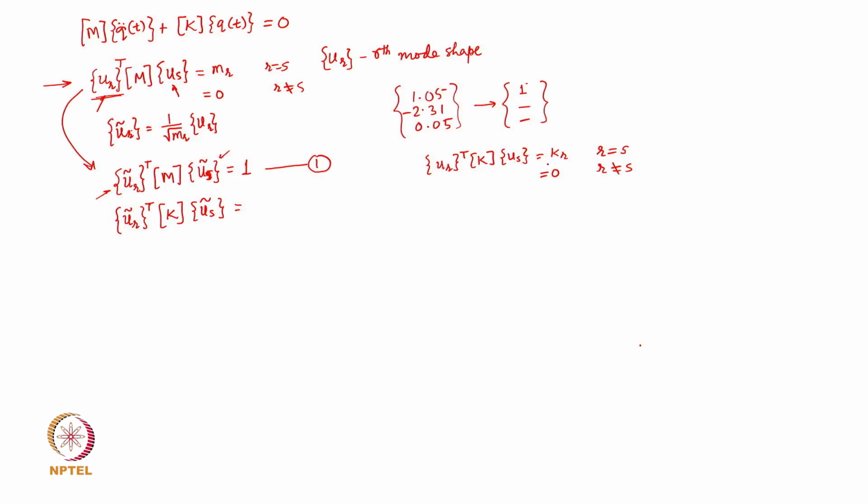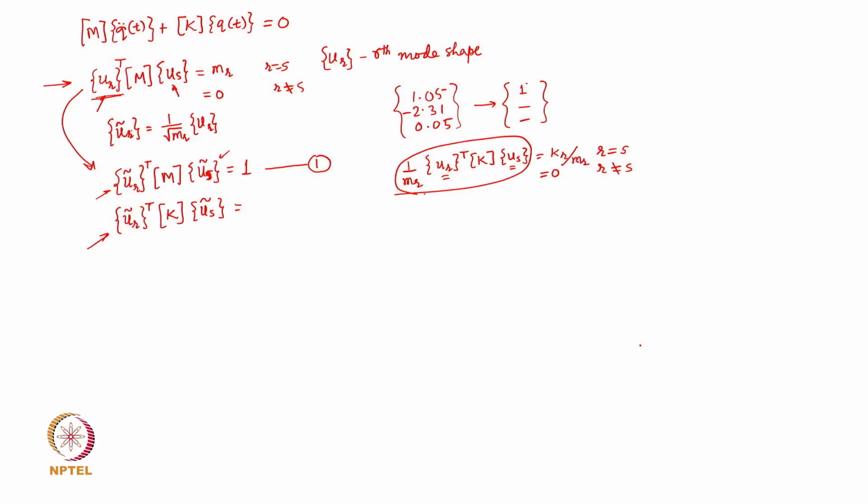So, now if I divide this equation throughout by mr, on the left hand side and also on the right hand side, then this part is what I get here, because all these modal vectors are transformed to mass normalized modal vectors, which I represent by tilde on u.